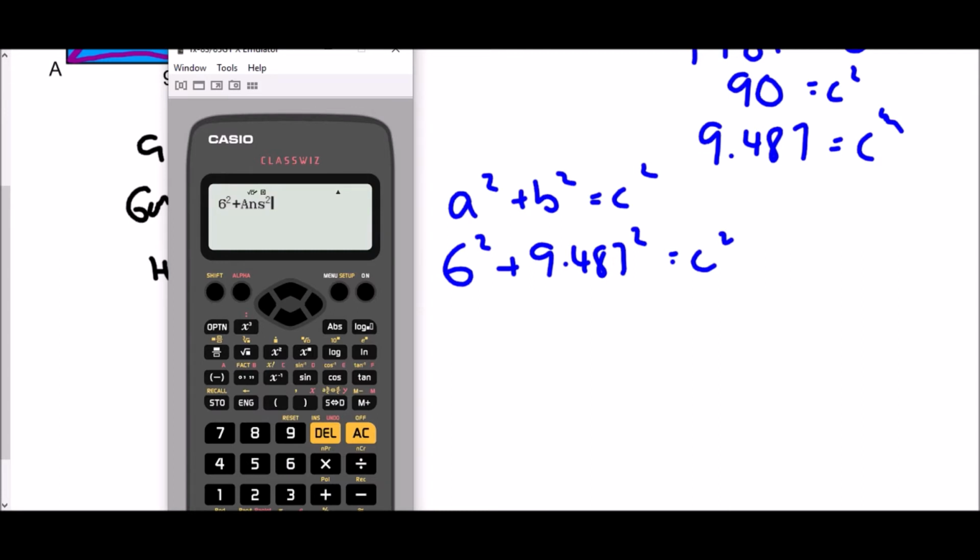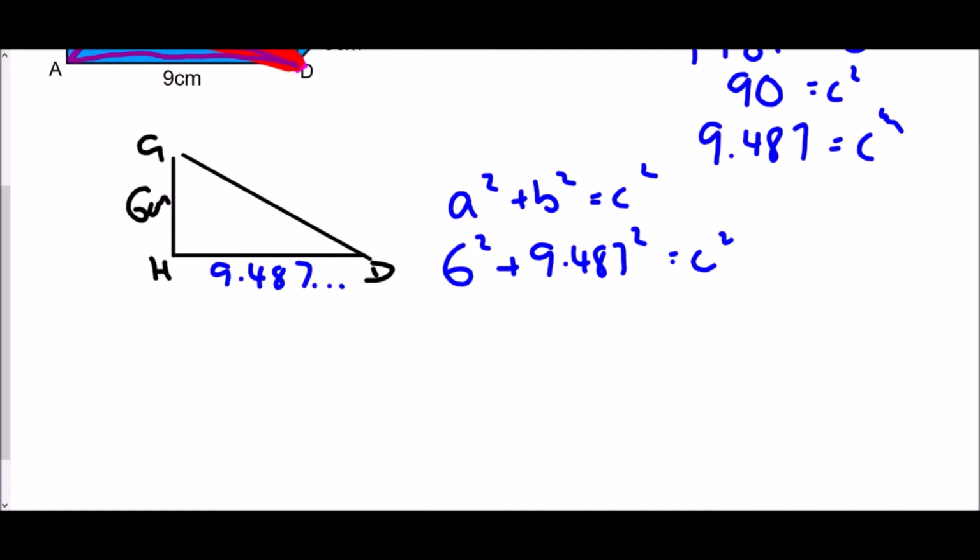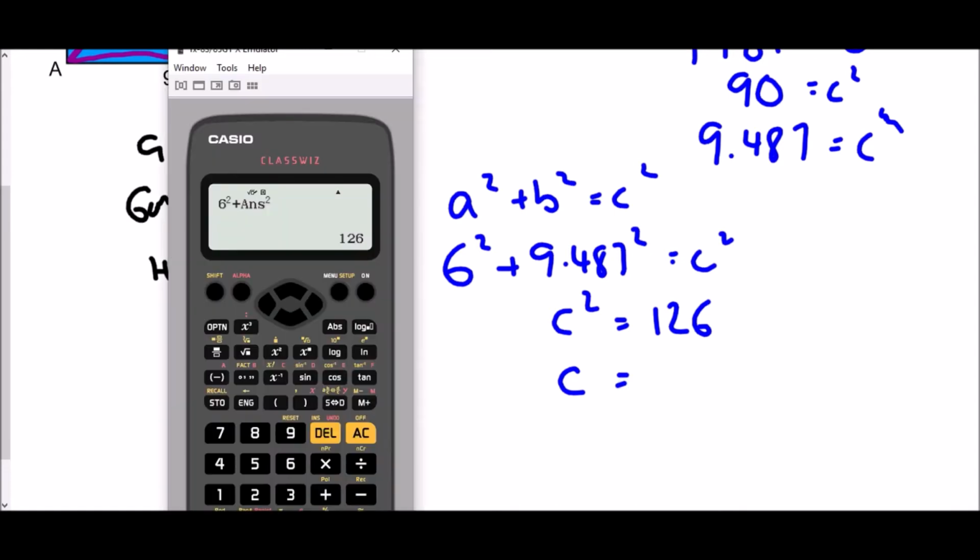That means I'm definitely going to use the full version of the 9.487 in my working out, and that comes to exactly 126. So c squared equals 126, and so if I want to get c, that's going to be the square root of 126, and that comes out at 11.22.